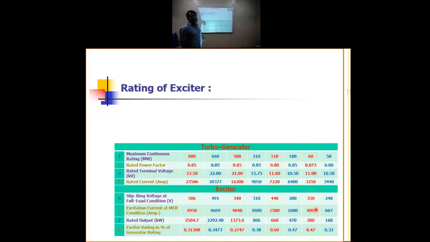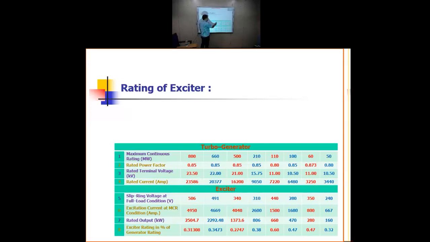This slide is very important and helpful because so many pieces of information are there in this slide, and you see the rating of exciter. In case of 800 megawatt generator, the terminal voltage is 23.5 kV and the armature current is 23,586 ampere per phase.